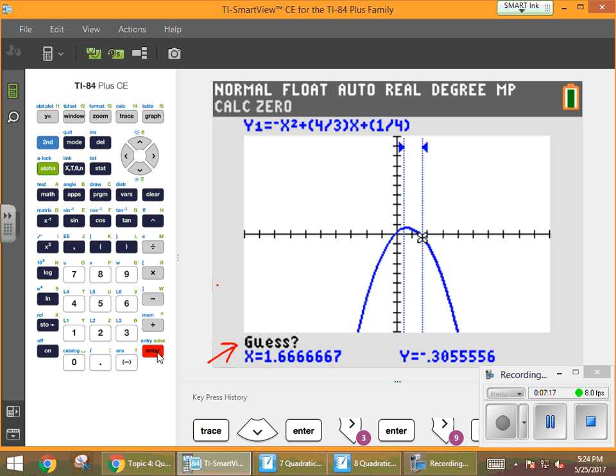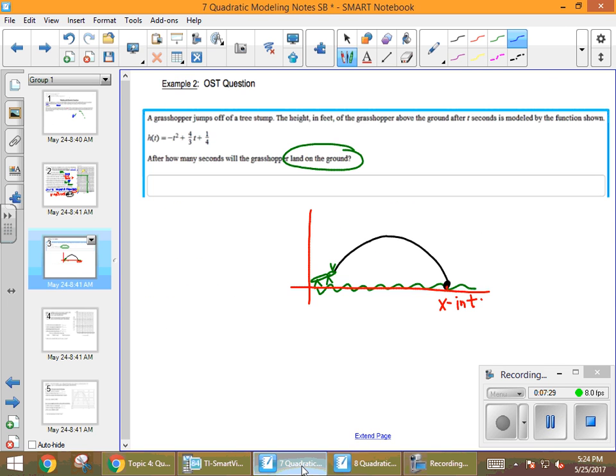I hit enter again. Now I want to guess and hit enter one more time. And it tells me that that x-intercept is at 1.5, 0. So what that means is that this grasshopper hits the ground after 1.5 seconds. That's it. That's all there is to that problem.